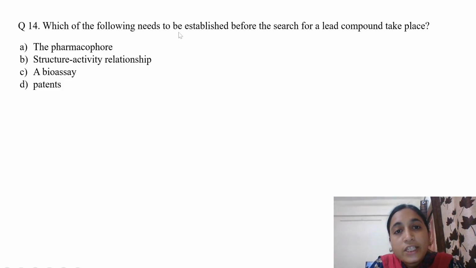Before the search for lead compounds, you first have to establish the structure activity relationship, because first you have to check how these compounds are binding. So, a structure activity relationship.